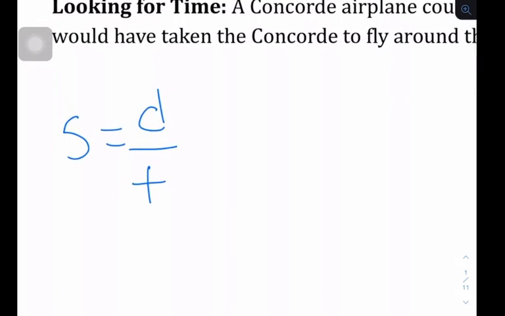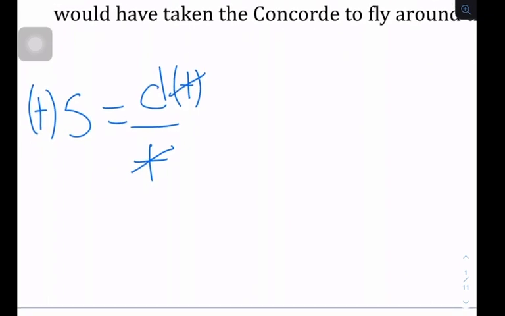We need to get time by itself, but we also can't have it in the denominator. So we can do the same thing we did in our last problem to get rid of time from the denominator, and that's multiply both sides by t. What that does, t divided by t cancels out. You now have speed times time equals distance.